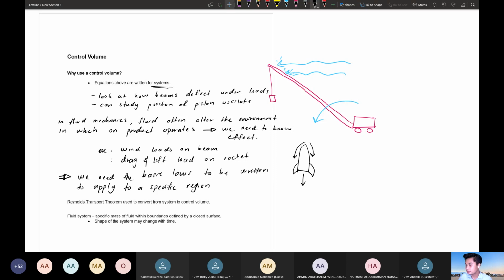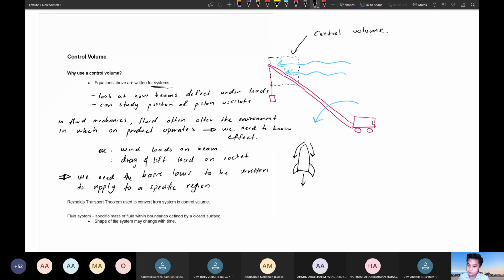Alright, for example, the whole image is considered as the system. So for us to investigate the load here, we need to consider the control volume. That means we focus on this region. Okay, this is the control volume. Alright, this is the whole system.